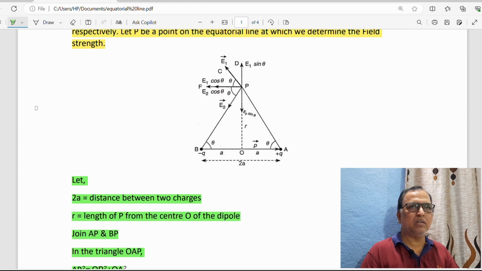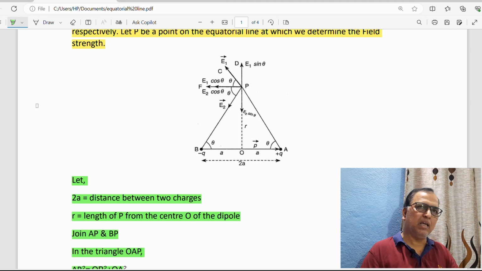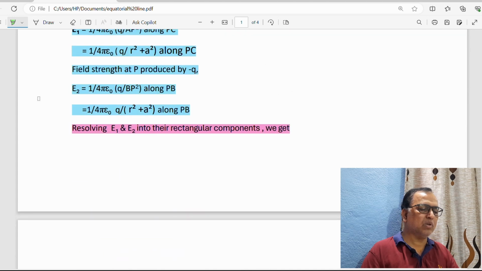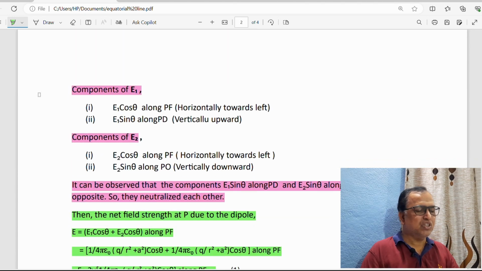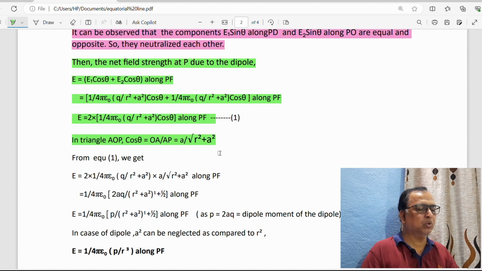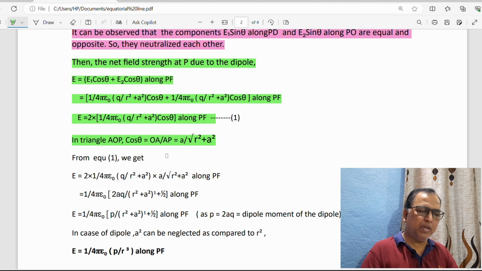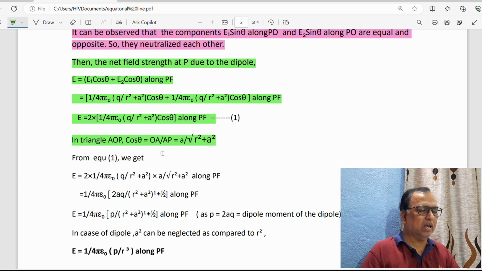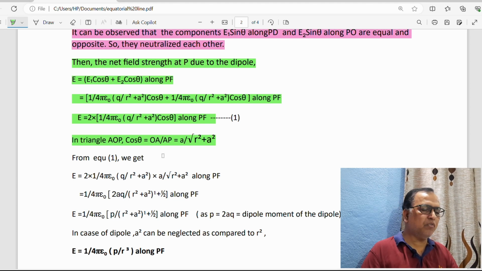Now in this figure, in the triangle OAP, cos theta is equal to OA by AP. OA is a, and AP is the square root of r square plus a square. So cos theta is equal to a by the square root of r square plus a square.